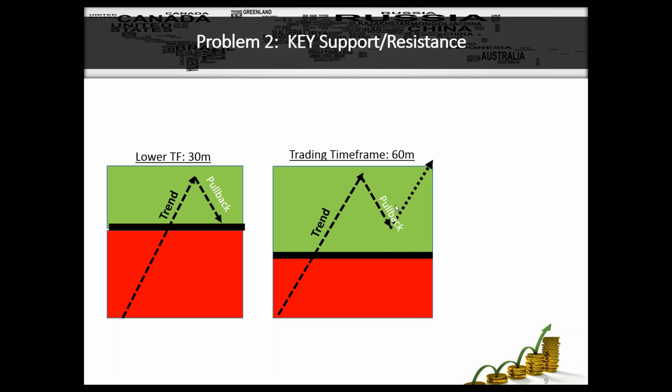That's why it stopped there, reversed, and kept on going. So this is a trade you didn't enter or you didn't lose, but it's a trade that you missed completely. You're correct about the direction it's going. You're correct about the profit targets and everything, but you just didn't get a chance to enter because it didn't pull back to your level. So these are the two problems that traders typically face when they're doing pullback trading.